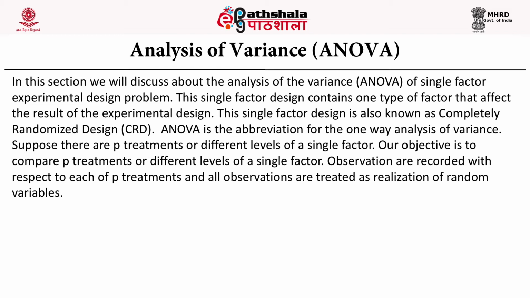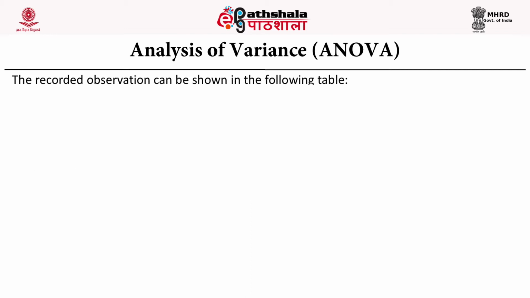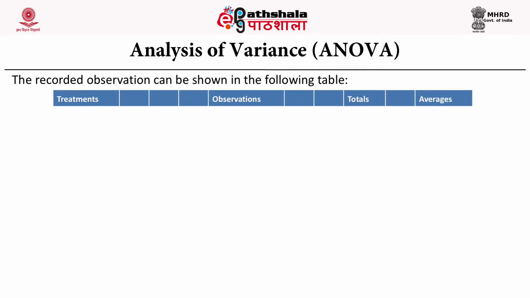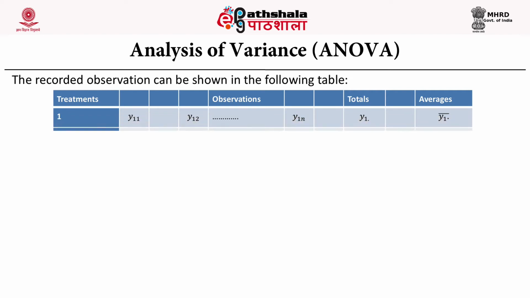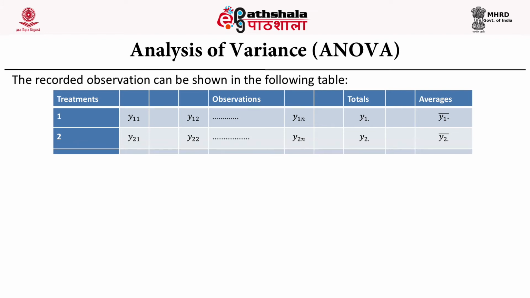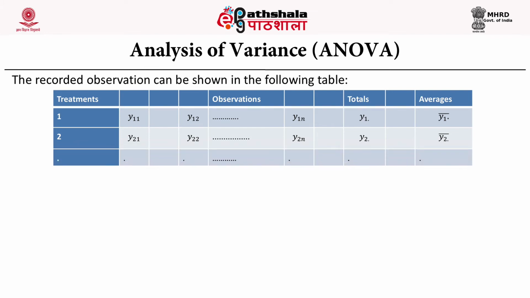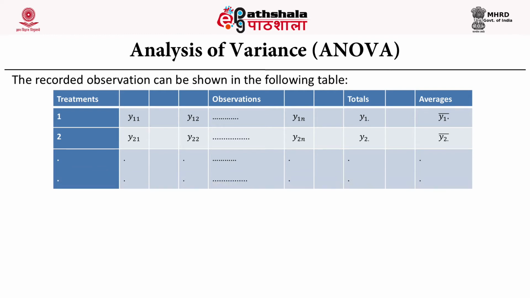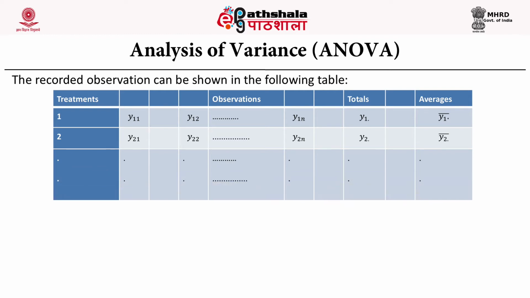Observations are recorded with respect to each of p treatments, and all observations are treated as realizations of random variables. So we have a table that contains the values of the variables, where y11 denotes the first observation from the first treatment, and similarly we have yp1, that is the first observation from the pth treatment, and so on.